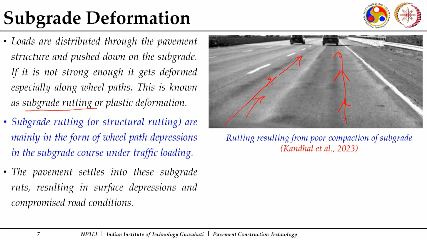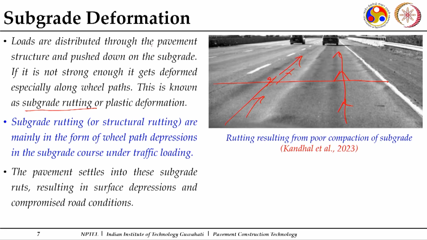Here you can see a depression created with respect to the main surface of the carriageway. Subgrade deformation can be one reason behind it. The subgrade deformation can get reflected in this manner on the top of the road surface.